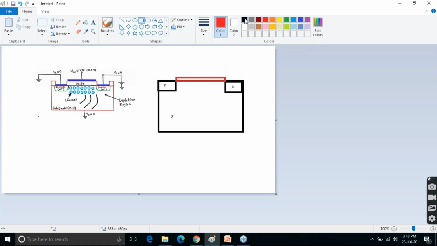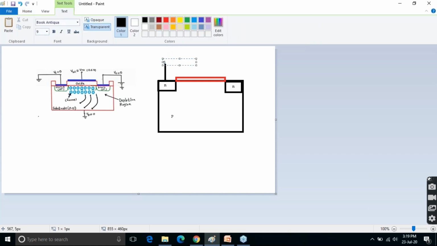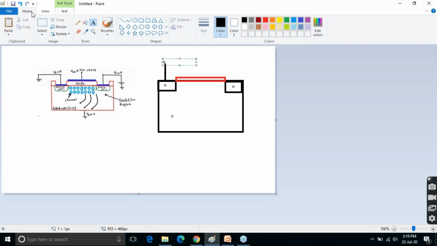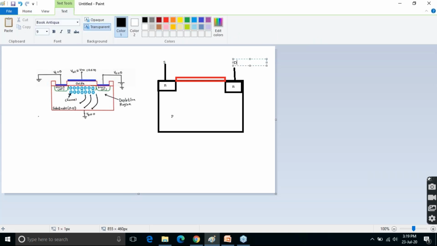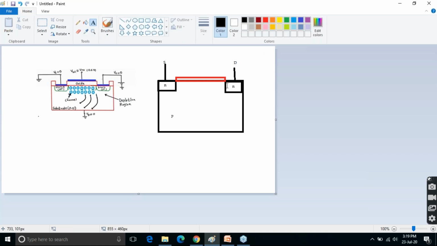Now I am drawing the source terminal, and second the drain terminal, as you already learned. So there are a total of 4 terminals: source, drain, and this is my substrate. I am not giving the notation now.